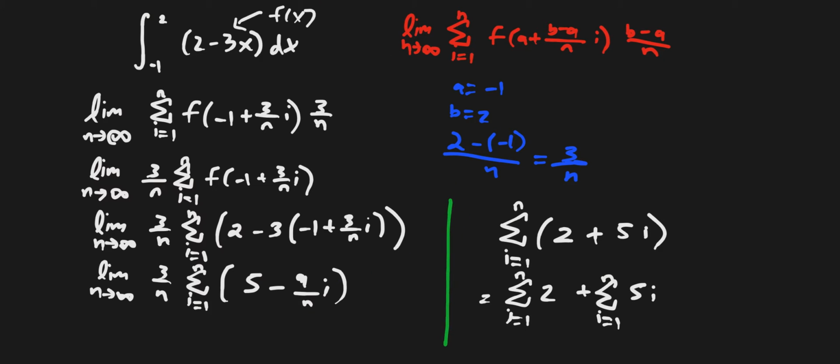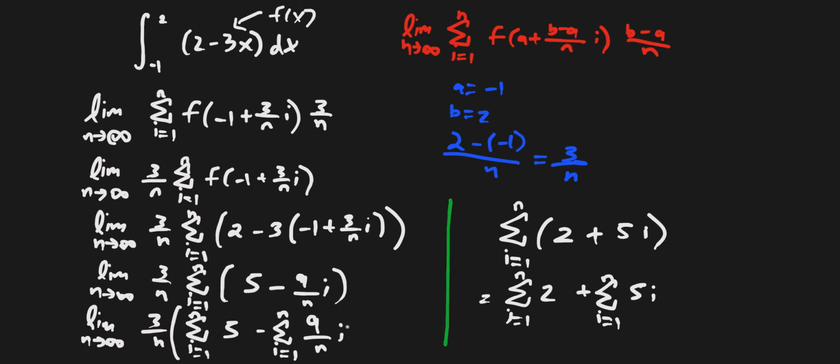So this would be equal to the limit as n approaches infinity of 3 over n times the summation from i equals 1 to n of 5 minus the summation from i equals 1 to n of 9 over n times i. And you might be wondering why I didn't bring that 9 over n out.